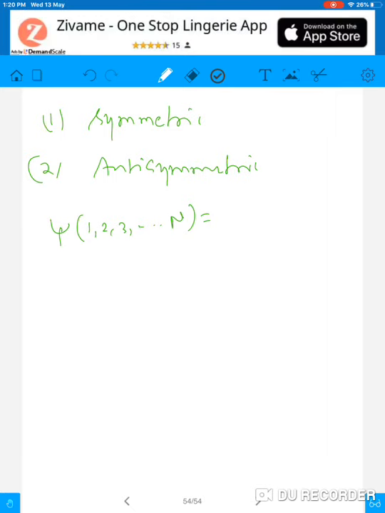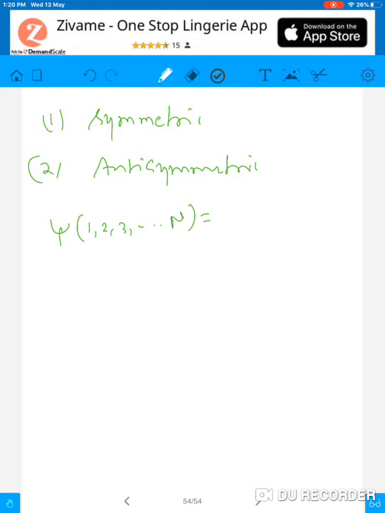for n particles, if you need to write the combined wave function, you need to find the wave function of every individual particle, and then by multiplying them you can write the total wave function.